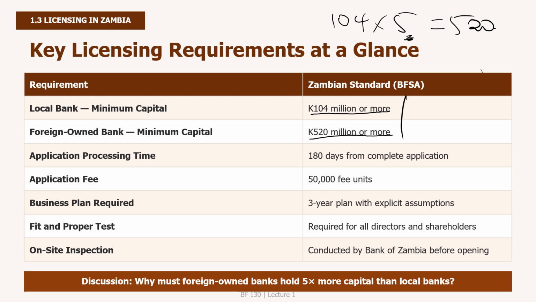Also, if a parent company gets into trouble abroad, it might want to pull funds out of Zambia, and our Zambian customers or depositors might be affected. So this higher capital requirement is a buffer against such systemic risk.